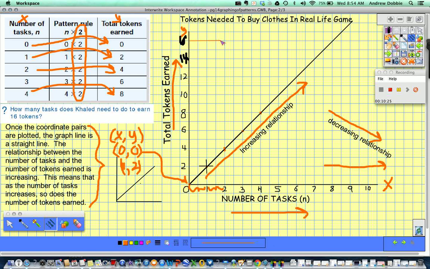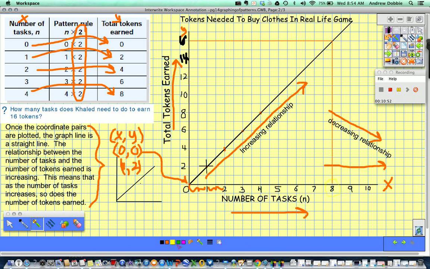So you'll notice I'm walking that across all the way to the relationship line, because the relationship line tells us the relationship between the total number of tasks and the total number of tokens earned. Once I hit that line, I can drop down straight to the x-axis, and that will tell me exactly how many tasks have to be completed.